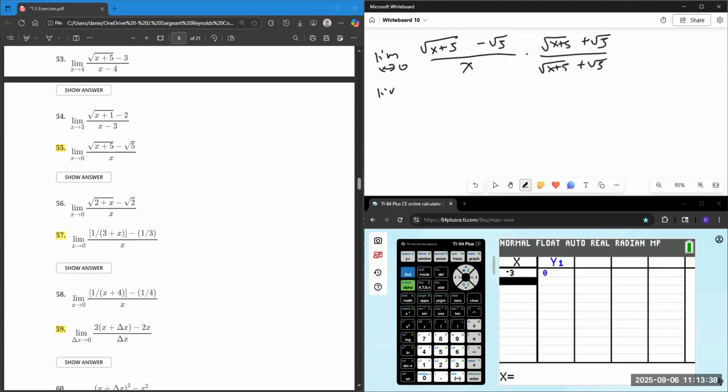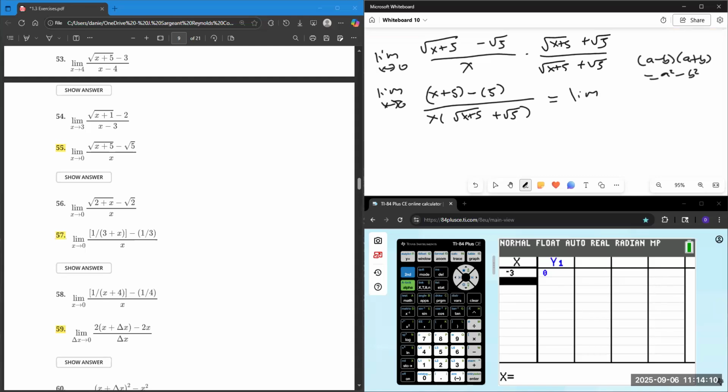Use that difference of two squares property, that a minus b times a plus b is a squared minus b squared, to help you square these square roots to get rid of them. So that square root squared is x plus 5, minus that square root squared, which will be 5. Leave that denominator factored. Don't try to put it together. It won't be super helpful for you to do that.